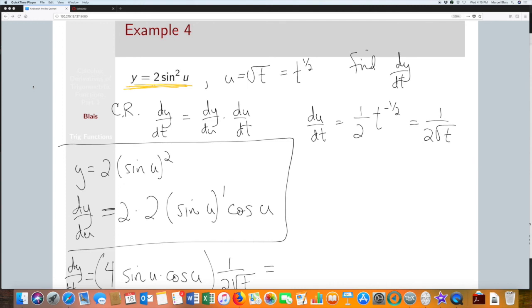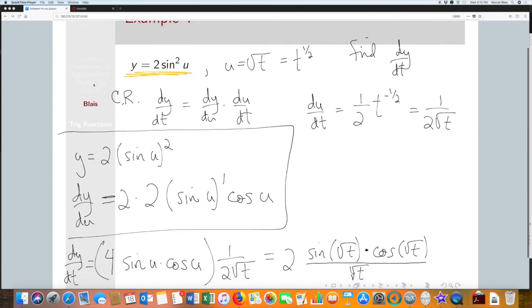And remember, with these questions, you want to eliminate the intermediate variable in your final answer. First we notice 4 over 2, that's 2. But then we have u was root t, so we'll make that substitution. Sine of root t times cosine of root t all over root t.